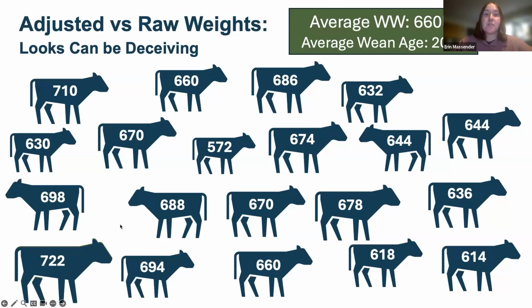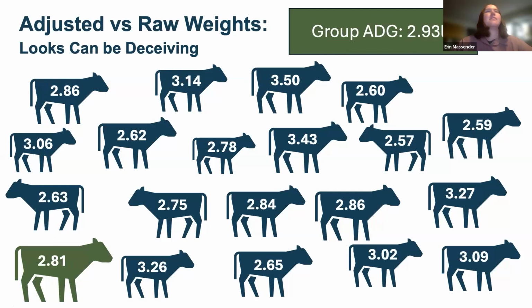But remember, because he was the first calf, that also means that he had the most time to grow. So we really should look at growth rate instead of the absolute value of that weaning weight. And when we do that, things start to look a little bit different.